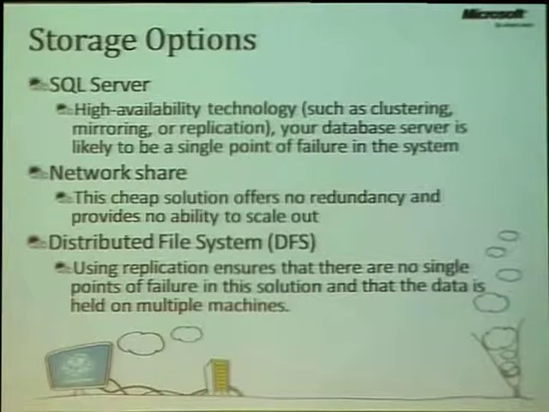If you talk about network storage, it's a cheap solution, but there is no redundancy for you. Distributed file systems ensure data replication, so there is no single point of failure, but you cannot hold data across multiple machines.